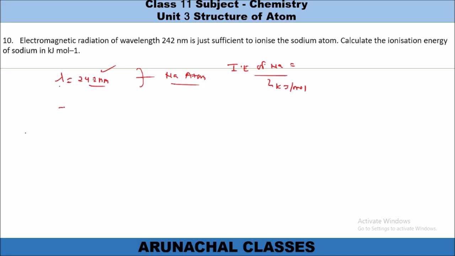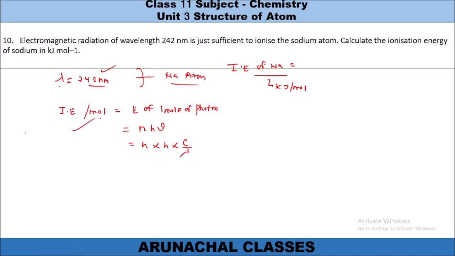So here the ionization energy per mole will be equal to the energy of 1 mole of photons, or we can say quanta. The energy of 1 mole of photons is given as N h nu. So N multiplied with h, the Planck constant, and nu is c upon lambda. Now put the values.